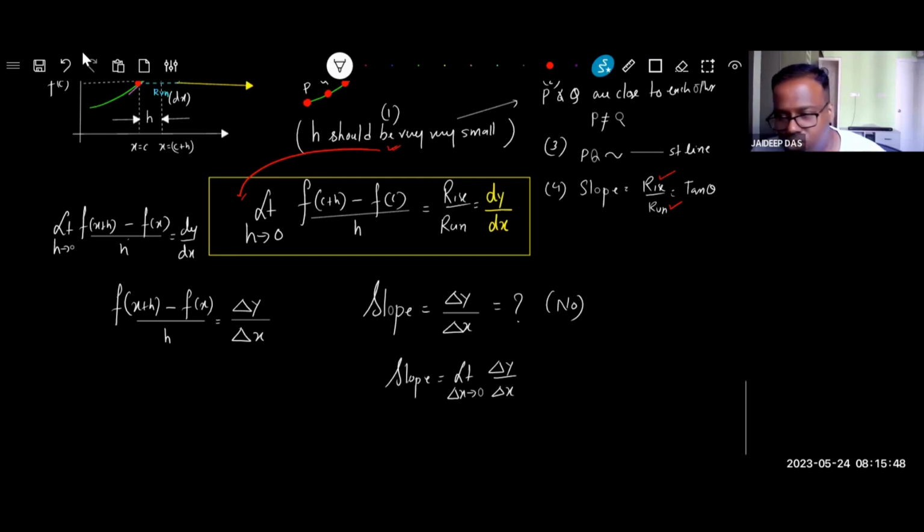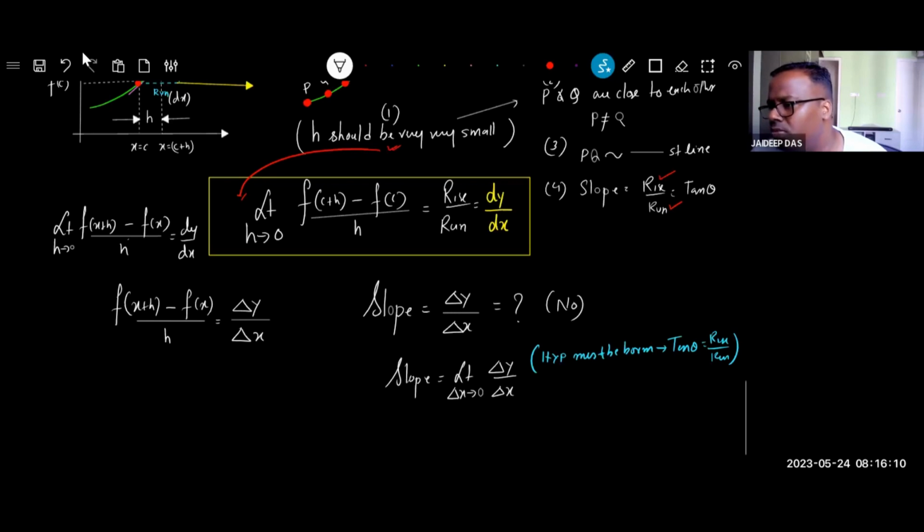That means the difference should be so small. End of the day, remember, this is what the books do not write, and I would want you to write: hypotenuse must be born. Because only then you can apply tan theta equal to rise over run, and only then you can calculate slope.